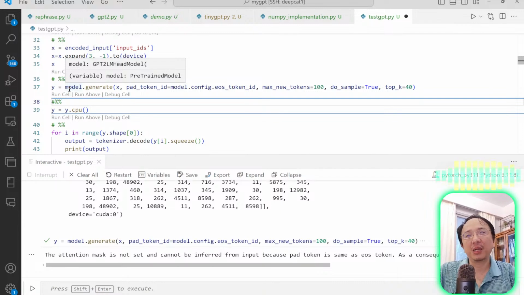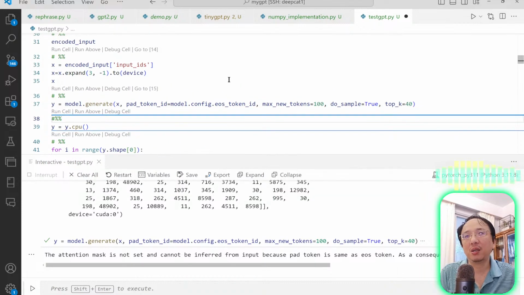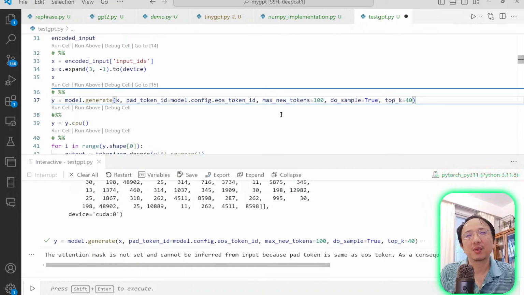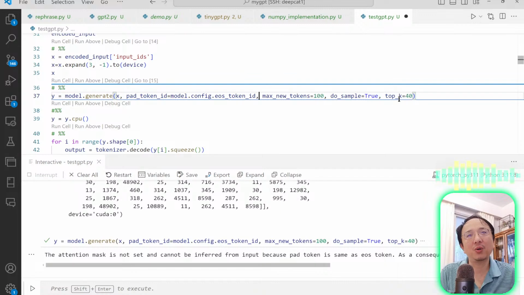But we are using the lower level to actually see how it works. When you use model generate, it basically just does the basic thing. You give it the padding and something like how many new tokens it should generate, and something like do sample, top K. These are parameters for selecting the result when generating.